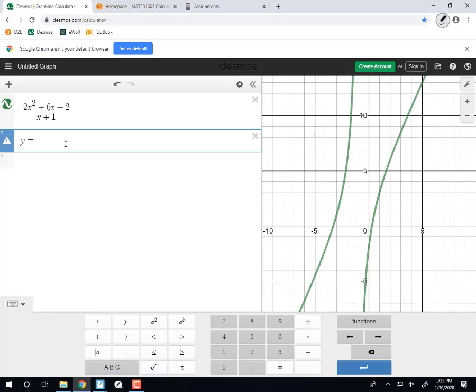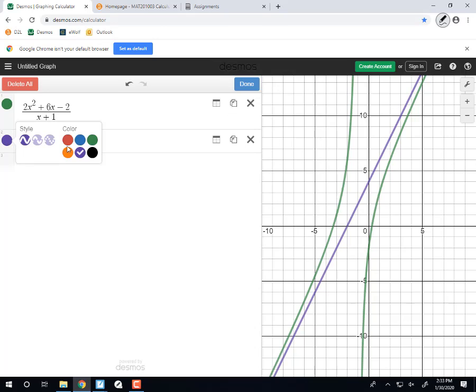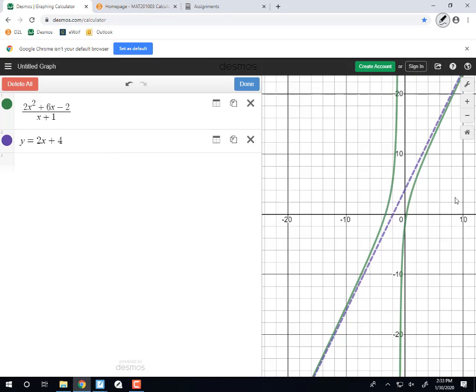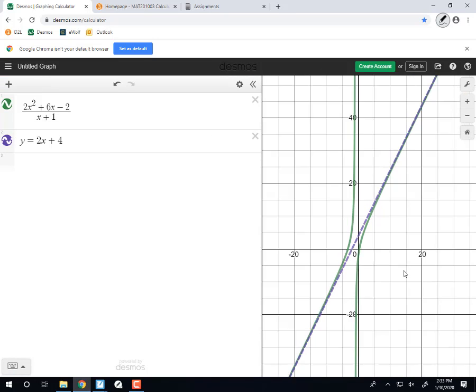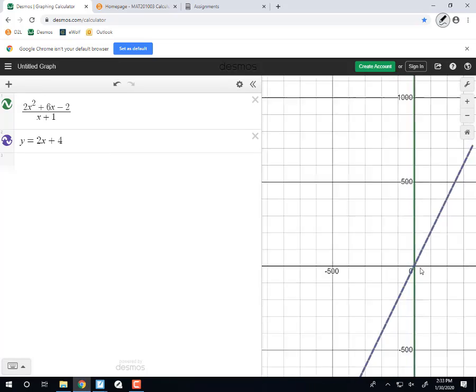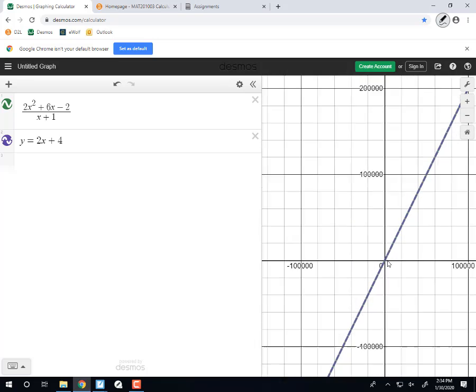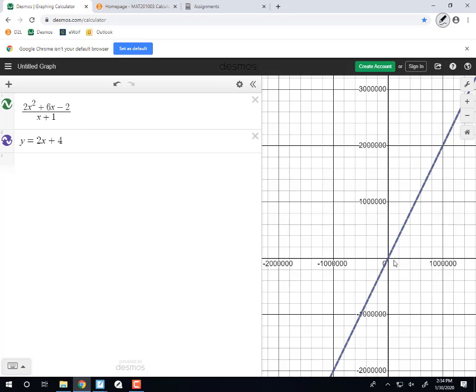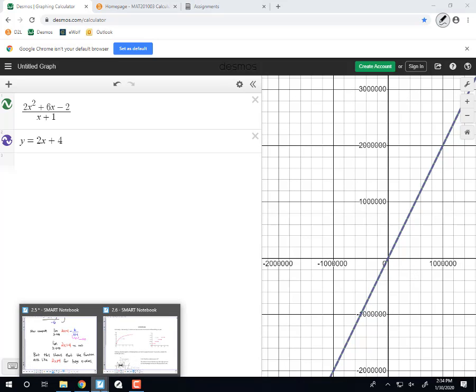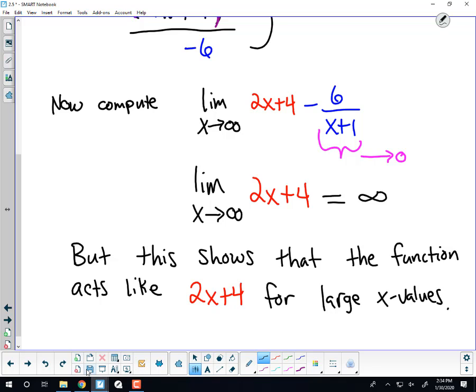It's 2x plus 4. Further and further out, you can't tell the function from the line, 2x plus 4. Does anyone have any questions on that?